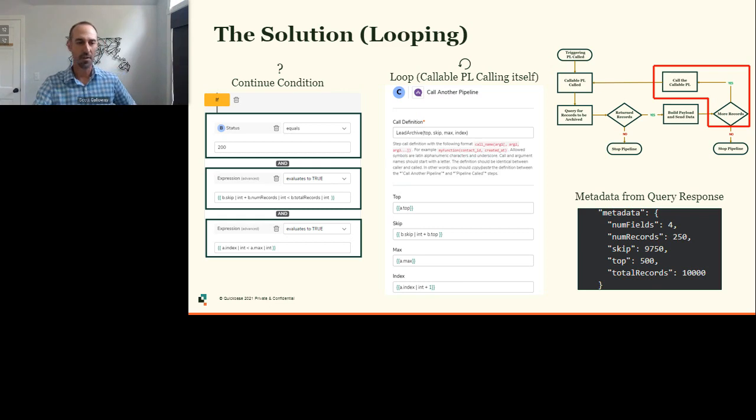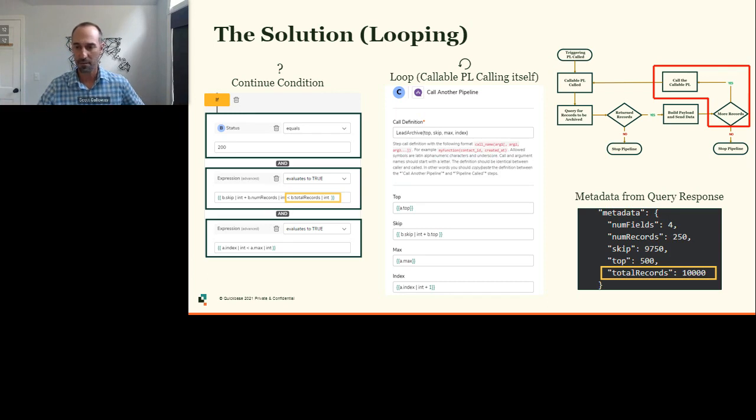All right, so the really important piece here: how do we determine if there are more records? What we do is add together the number of records returned and how many we skipped, and compare that to the total number of records that query would result in, not taking pagination into consideration, just how many records should be in the result set.